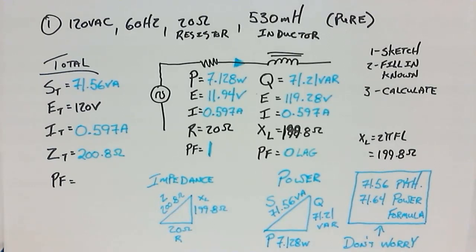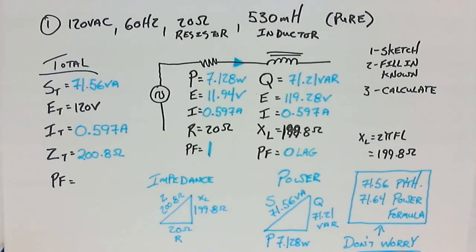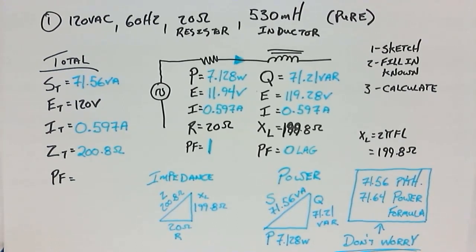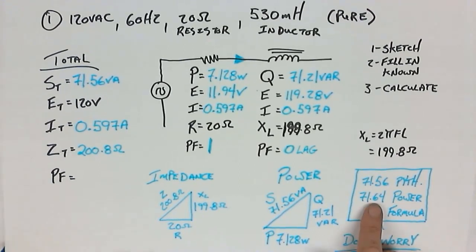And so I just want you to realize, don't lose sleep over this. It does not matter. It is not something that we are worried about, and you will not receive a failing mark on a question on an exam simply because you are off by this value, which is significantly lower.